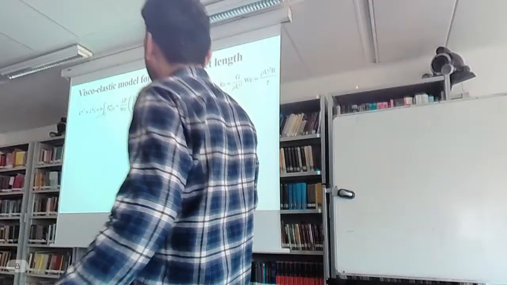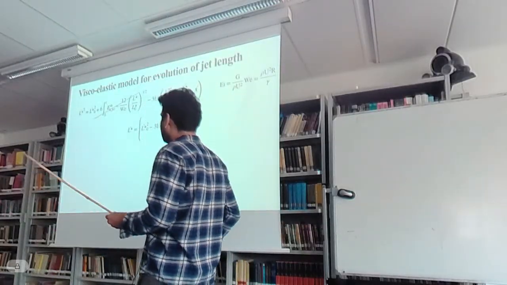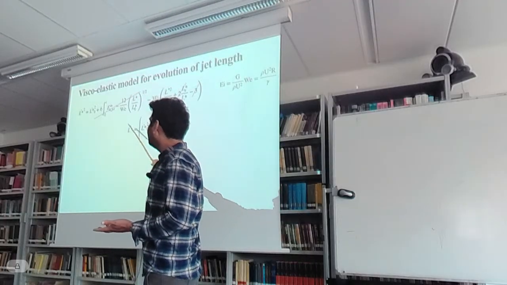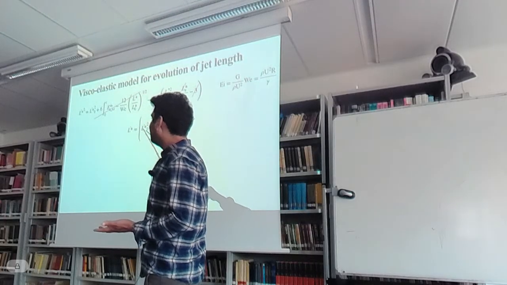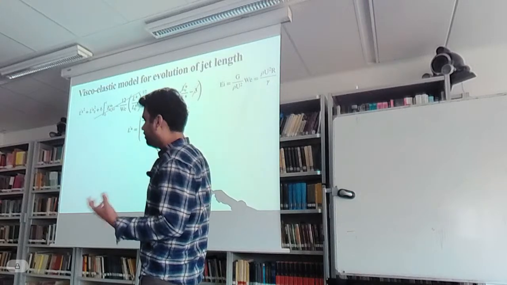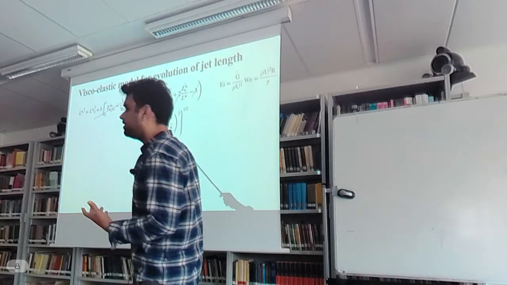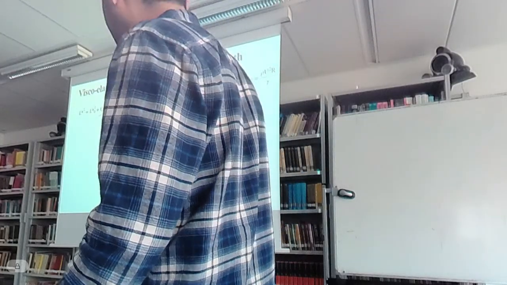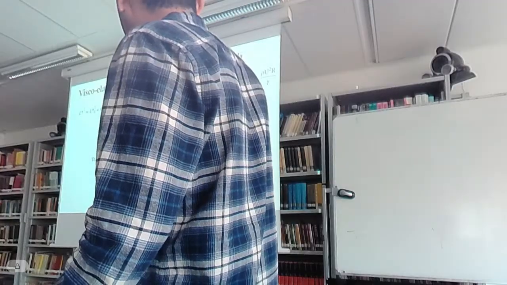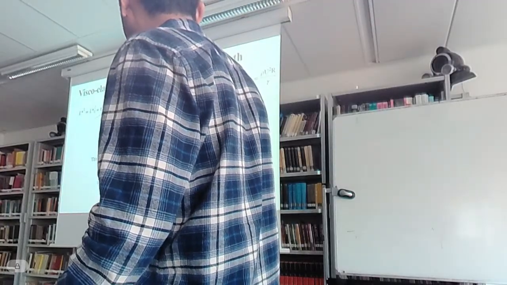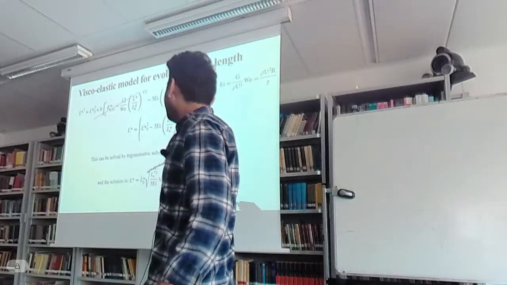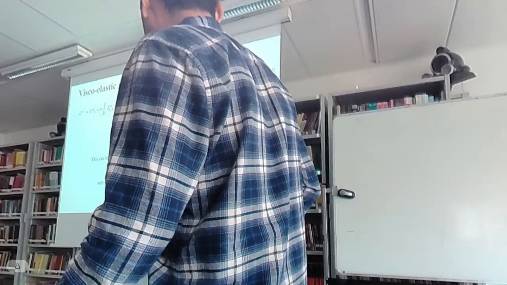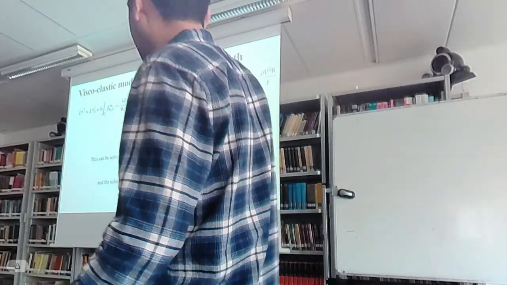And then what you get is a simpler equation, but it has all the ingredients that we felt were important, that the length of the jet is given by the initial velocity minus some contribution of the elastic energy that takes away the velocity from the jet. And this you can solve by trigonometric substitutions, and you will get that length goes like sine of the square root of 3 Ei over Le. This I call the L model, right?